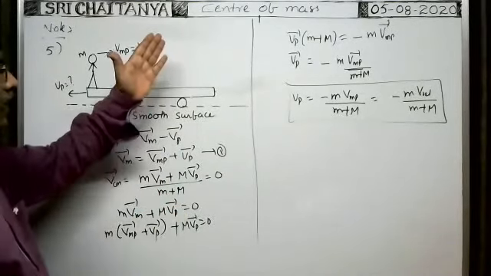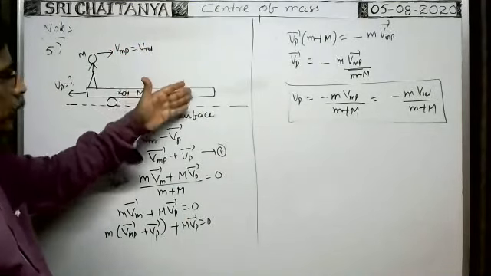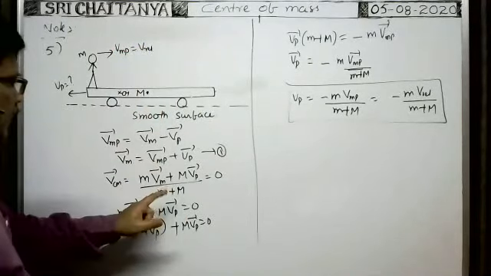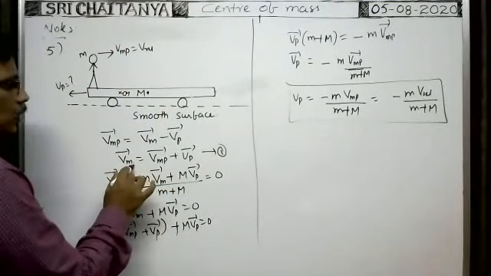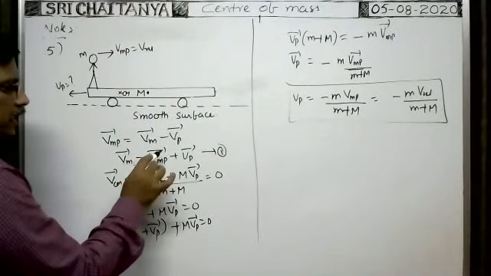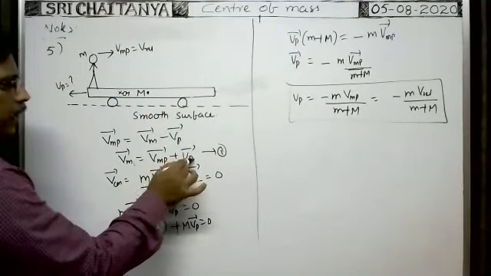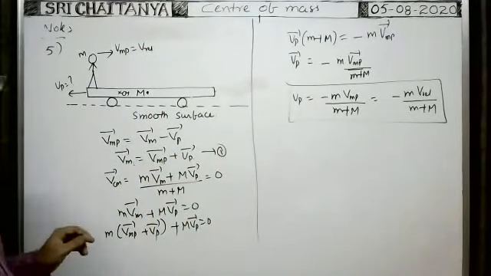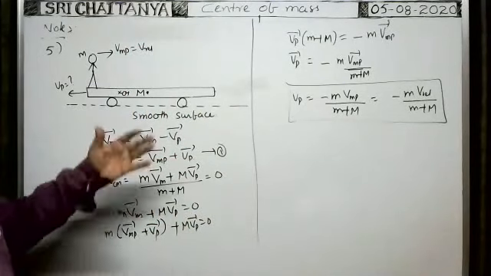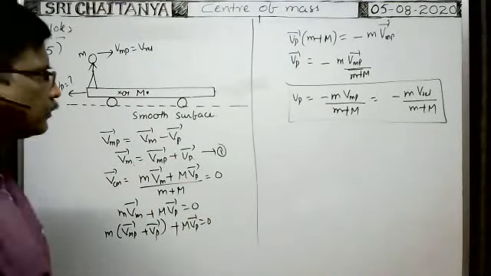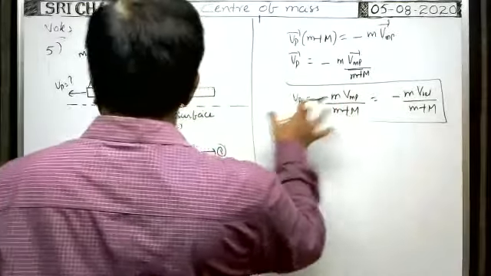You will be given the velocity of the second person with respect to plank. In such case, velocity of the first man is equal to this one, velocity of the second man is equal to relative velocity of the second man with respect to plank plus velocity of the plank. We have to write like that. Plus one more term also we have to write, that is equal to 0. In such a way also they may ask. Okay, this is the next one.